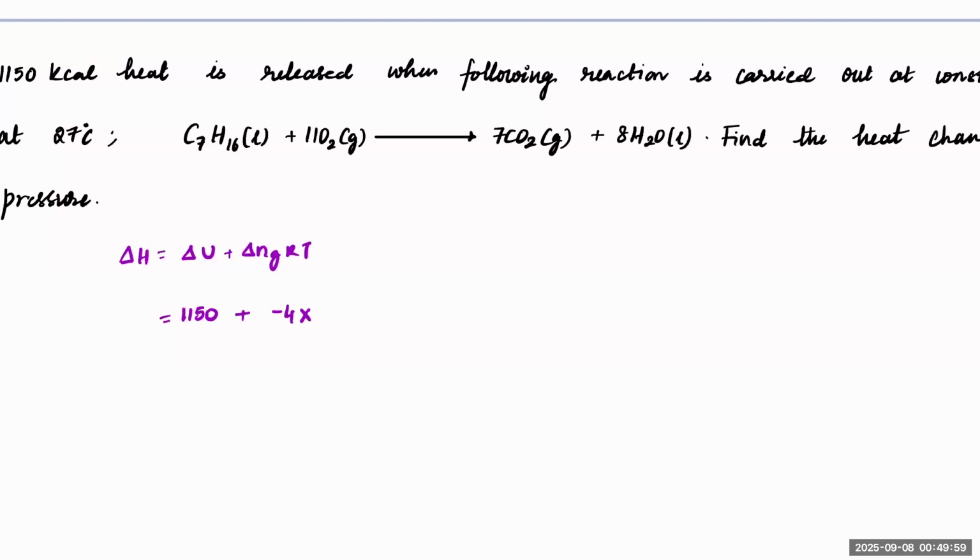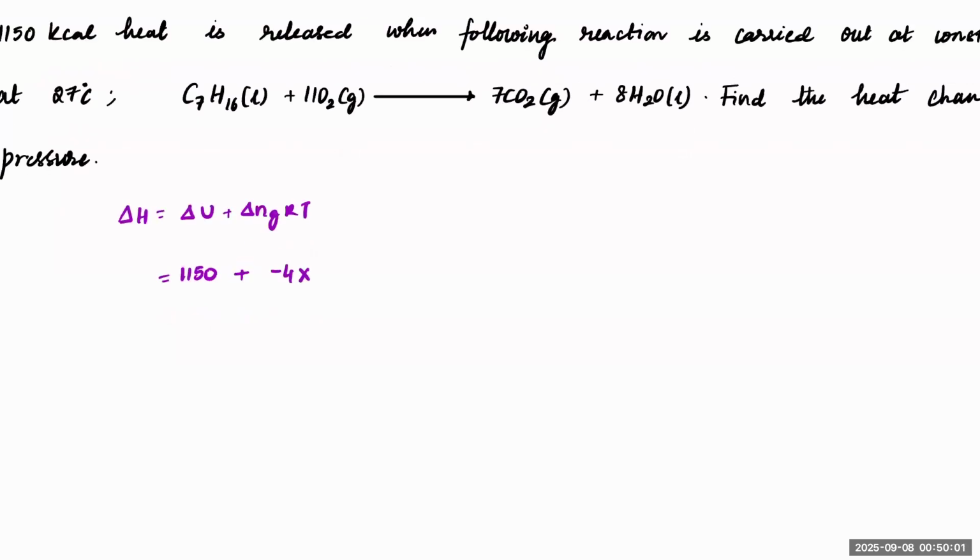So therefore we have minus 4 into 2, because 1150 is in kilocalories. I will multiply that with 2, where 2 represents R in calories. Temperature is 273. In Kelvin scale it is 300. But another problem: this is kilocalories, but this is in calories. So how do I convert it? 10 raised to the power of minus 3. Now everything is in kilocalories.